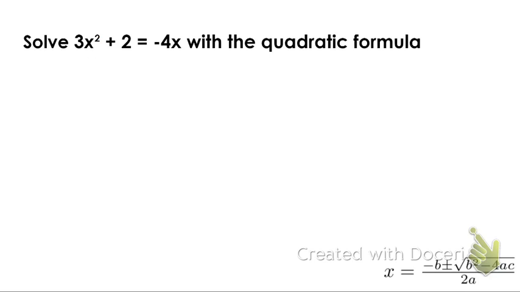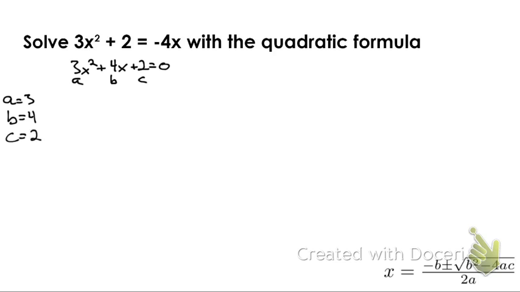Now we're going to solve this equation with the quadratic formula, and we're going to begin just like we did the last problem. I'm going to add 4x to both sides to make my quadratic equal to 0, and that will allow us to identify our a, b, and c. We know that a equals 3, b equals 4, and c equals 2.